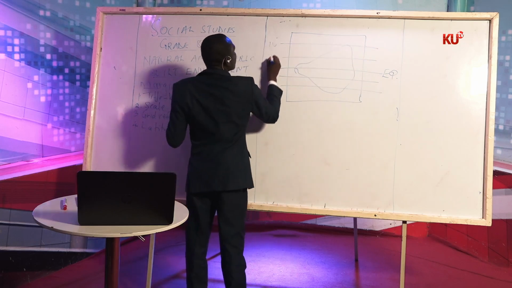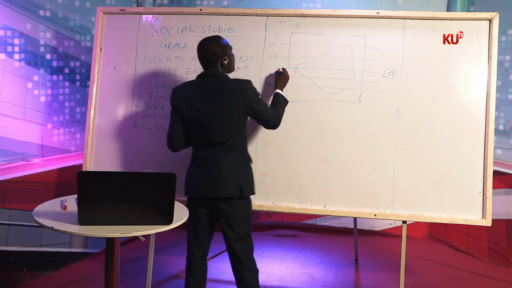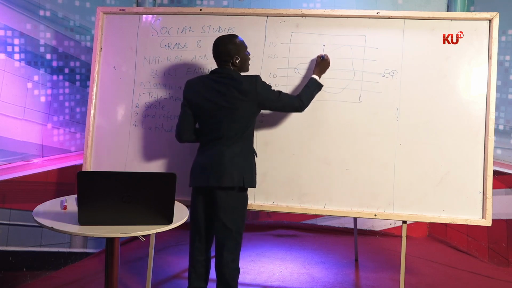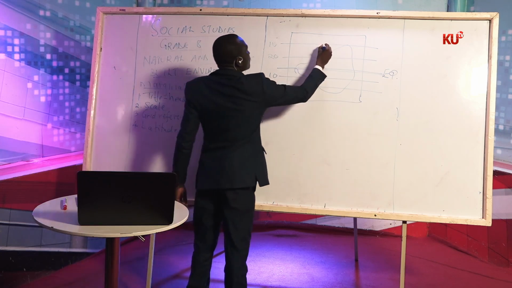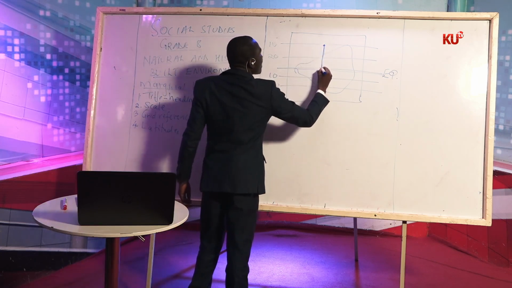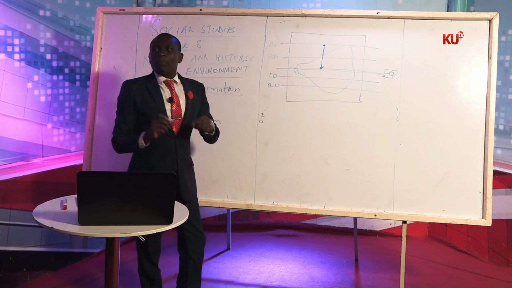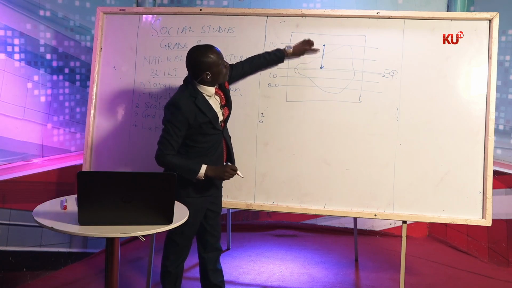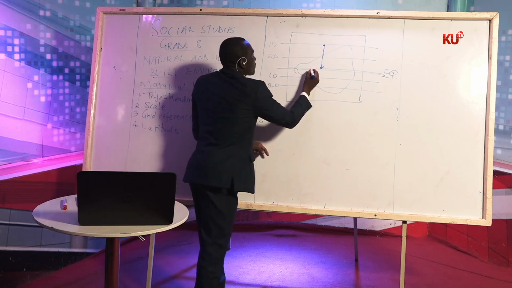This is 10, 20, this is 10, 20. Now, if this is the equator, how far is this distance from the equator? So latitudes refer to the imaginary lines that show us how far a place is from the equator going to the north, or from the equator going to the south.